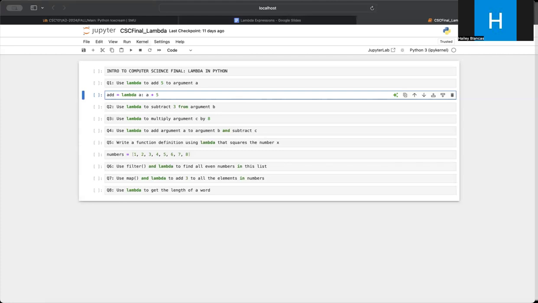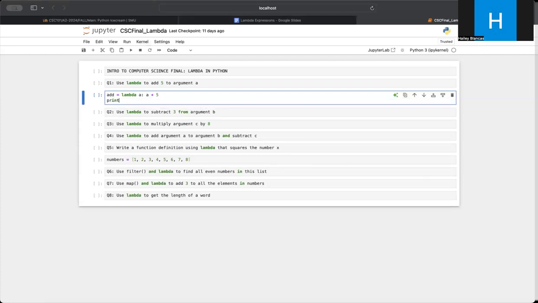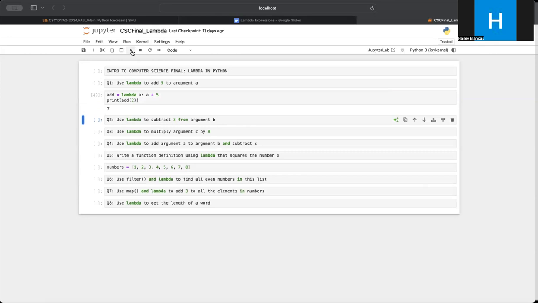To print this function, we're going to write print add, which is equal to the function, and we'll let a equal 2. Five plus 2 equals 7, so we know this function ran correctly.